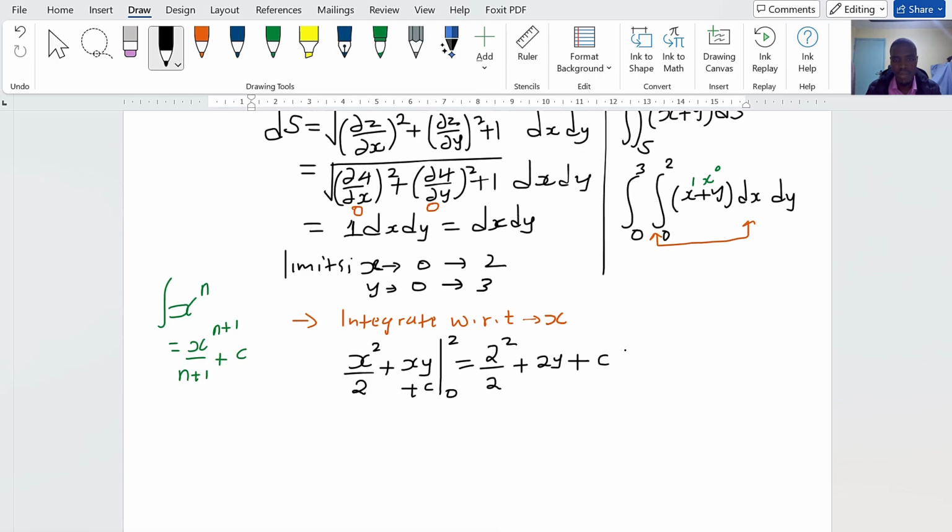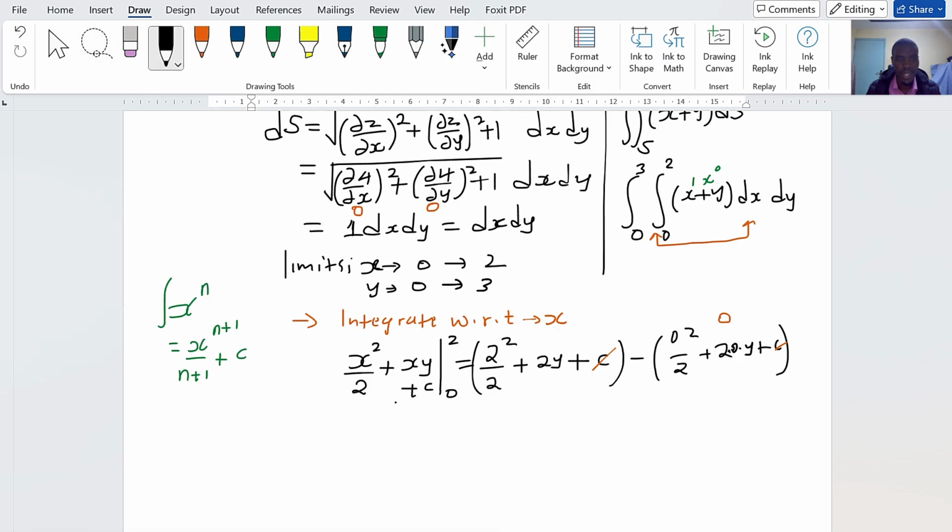Then do the same. So the whole thing here minus, when you substitute the lower bound, which is 0 squared over 2 plus 2 times 0 times y, which is just 0, then plus c. Now that is what I say, c cancels, so c will go. Now this one is just 0.